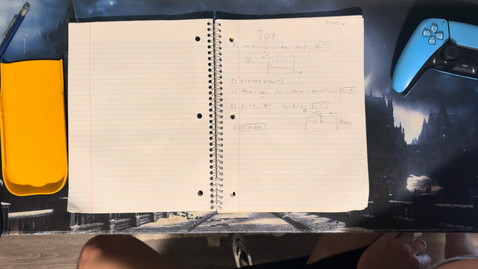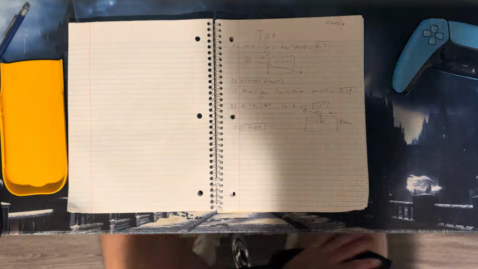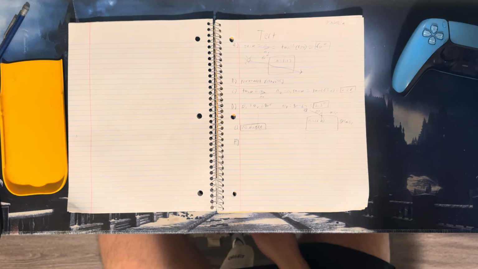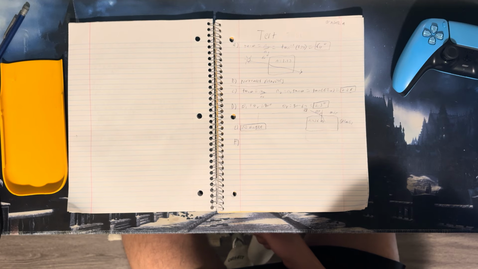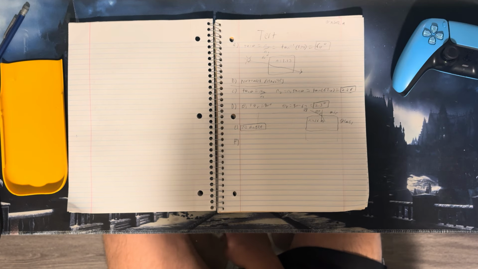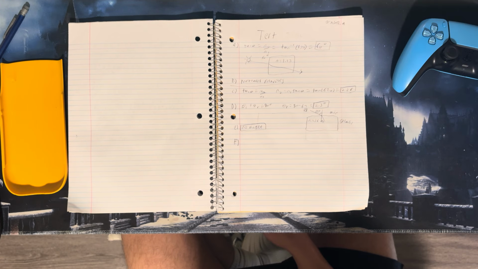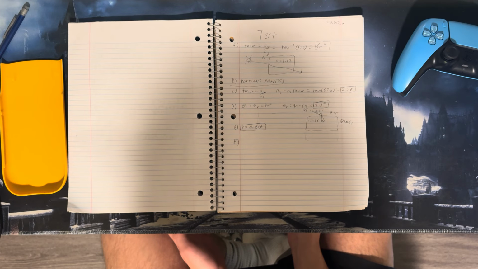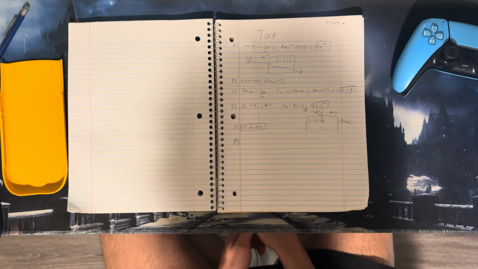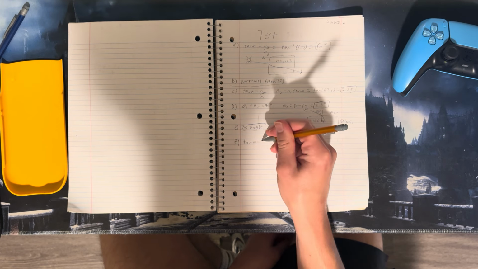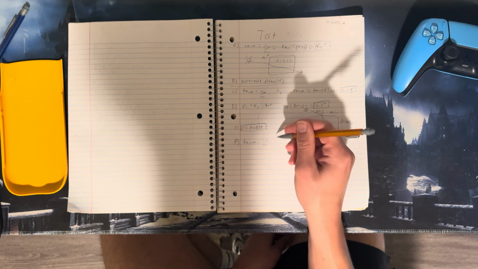Moving on to F, which asks if the polarized direction is in the plane of incidence, is there an angle of incidence for which no light is reflected from the glass? If so, what is that angle? In this case, we just use the Brewster's angle formula, tangent equals n2 over n1.